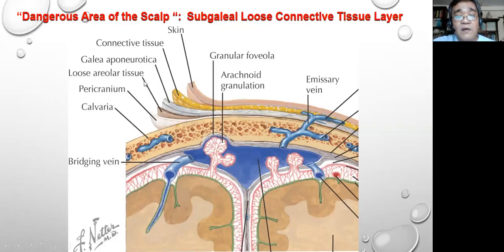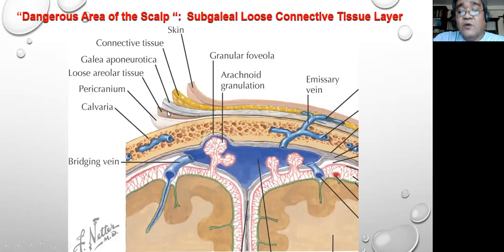As we learned before, it is a loose connective tissue because this layer is made up of areolar connective tissue. And because of that, there are potential spaces in this layer that can allow blood and pus to collect and to spread within the layer.